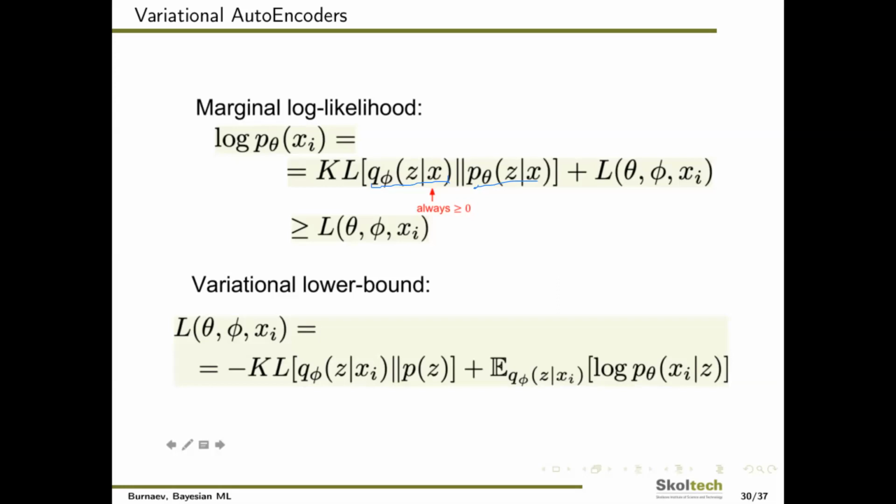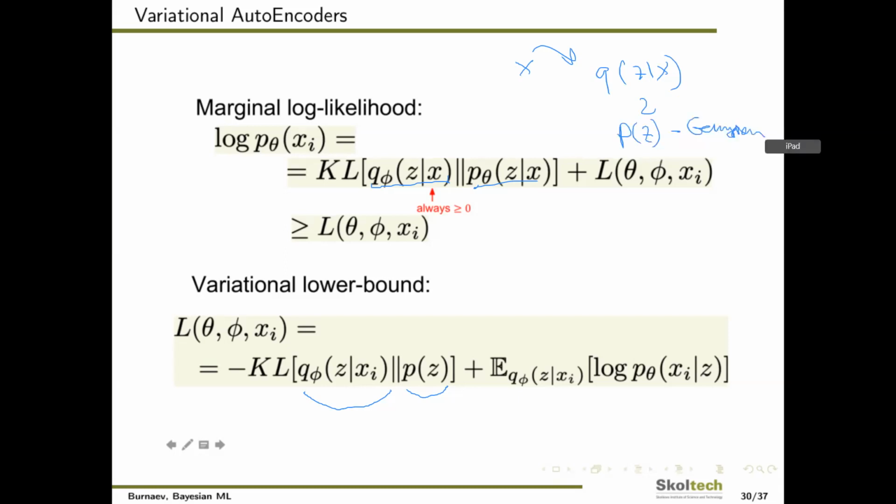This L can be decomposed again into terms. This variational lower bound takes the form of the sum of two terms. The first term is minus the Kullback-Leibler divergence between the prior distribution of Z and Q of Z given X. We want these distributions to be close to each other, so if we have a mapping from X to the distribution of Z given X, this distribution should be close to our prior assumption, some Gaussian distribution.